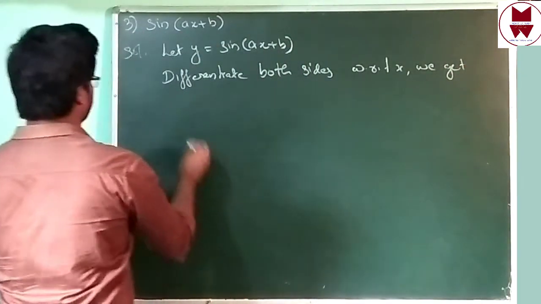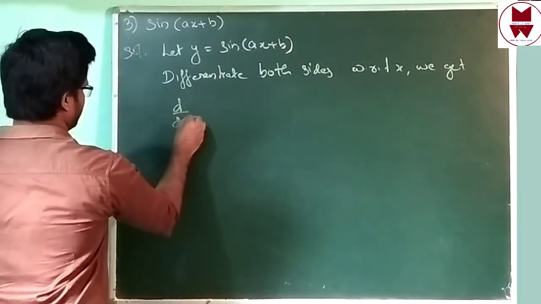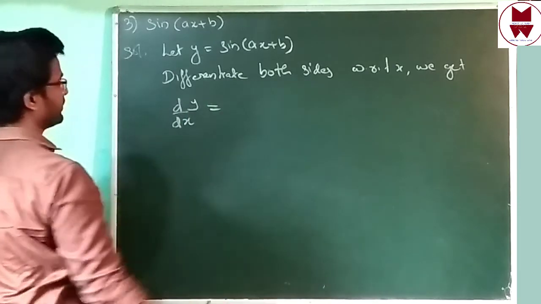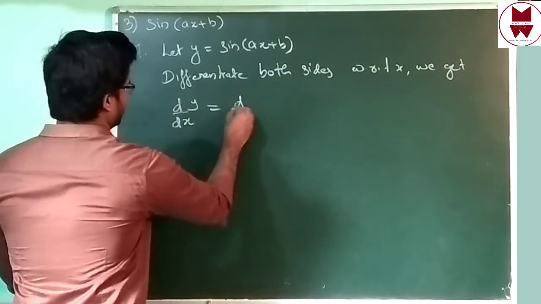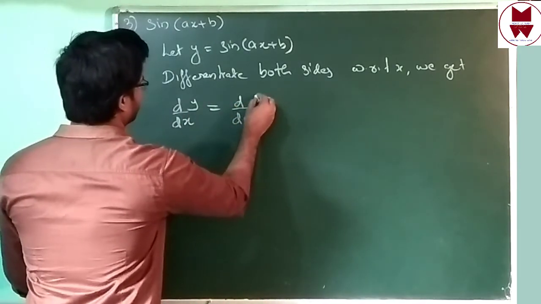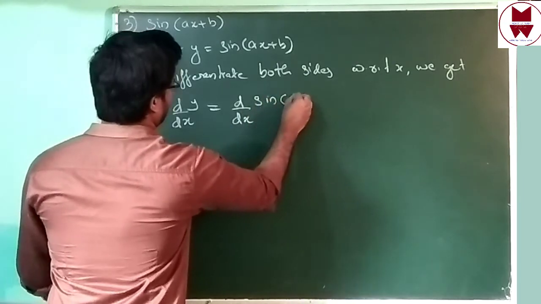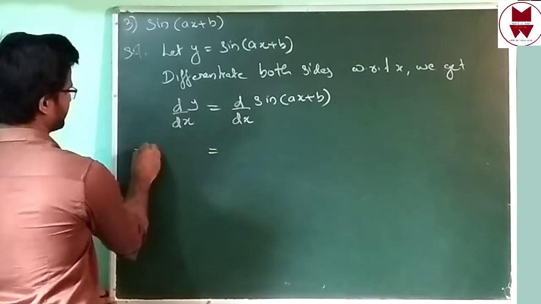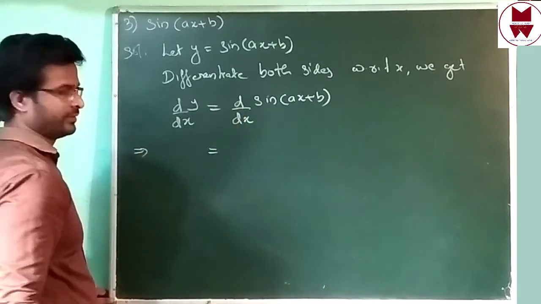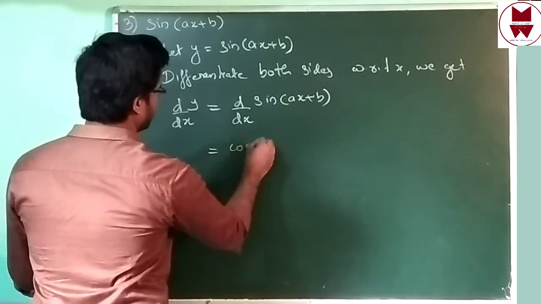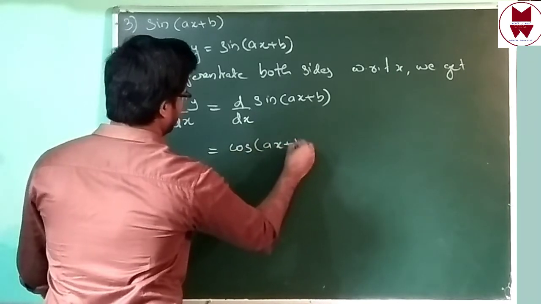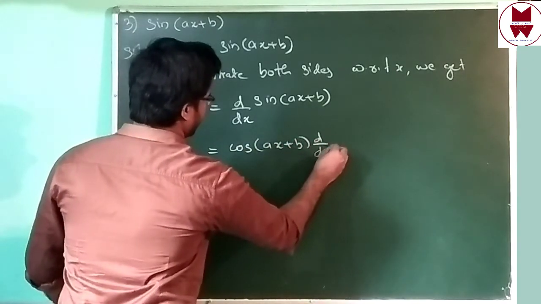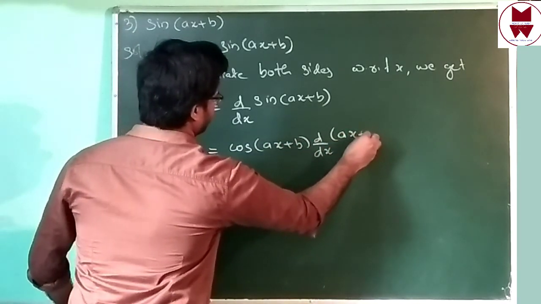We get dy by dx equal to, right side also take the differentiation of sin(ax plus b), equal to d by dx of sin means cos, isn't it? Cos(ax plus b). Again you have to take the differentiation of that ax plus b.